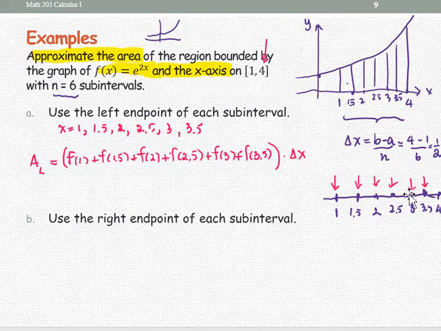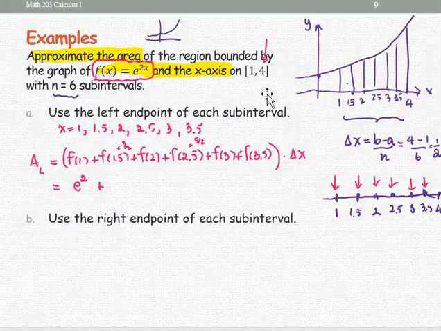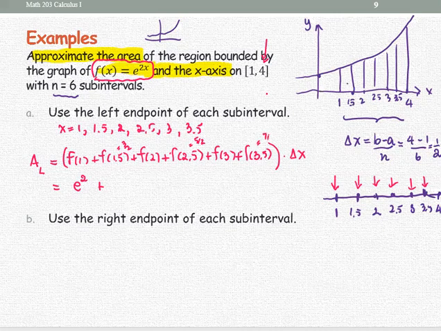Now, the function is provided as e to the power 2x. So the function at 1 is e to the power 2 times 1, or e to the power 2. Plus, I'm going to rewrite 1.5 as 3 over 2 for convenience, because we have 2 multiplied by x, so we don't have to deal with the decimal. Likewise 3.5 is 7 over 2.